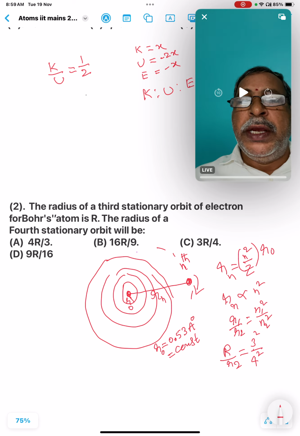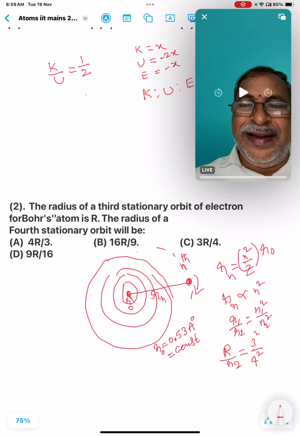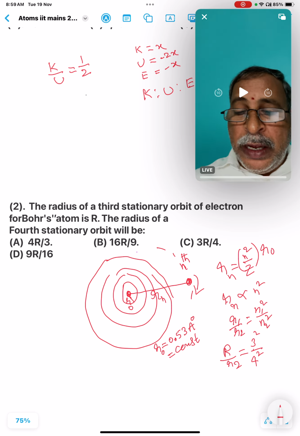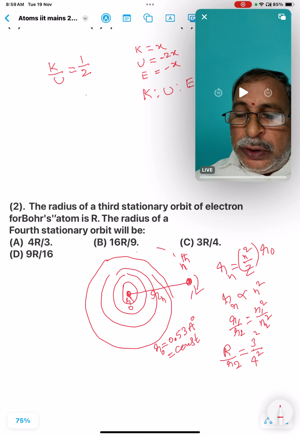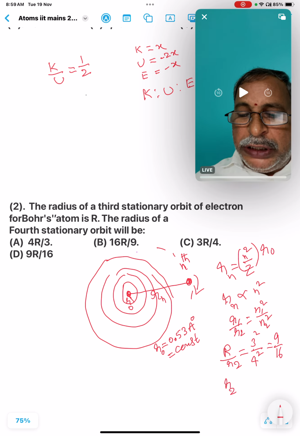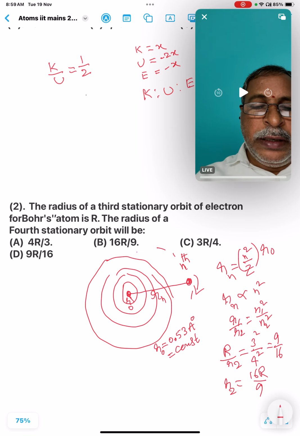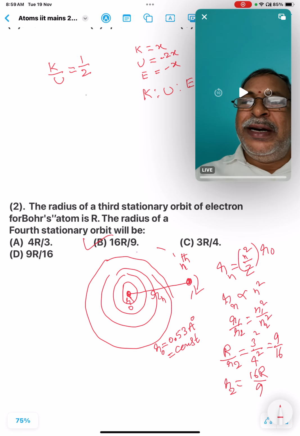If it is the fourth excited state, you should write 4 plus 1 whole square, that is 5 square. But here they are normal states. So 9 by 16. Therefore, R2 is equal to 16R by 9. So option number 2.